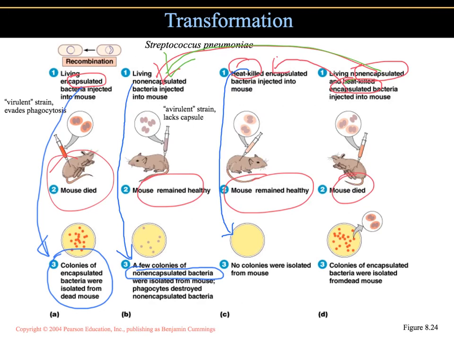Also, the encapsulated bacteria were heat killed, so again, we would expect the mouse to remain healthy. But instead, the mouse died. So when the colonies were isolated from this dead mouse, what they found were encapsulated bacteria. Interesting, because the encapsulated bacteria were heat killed.